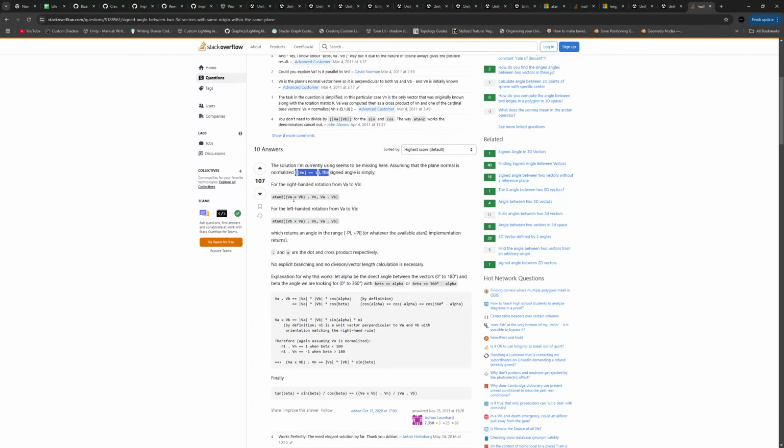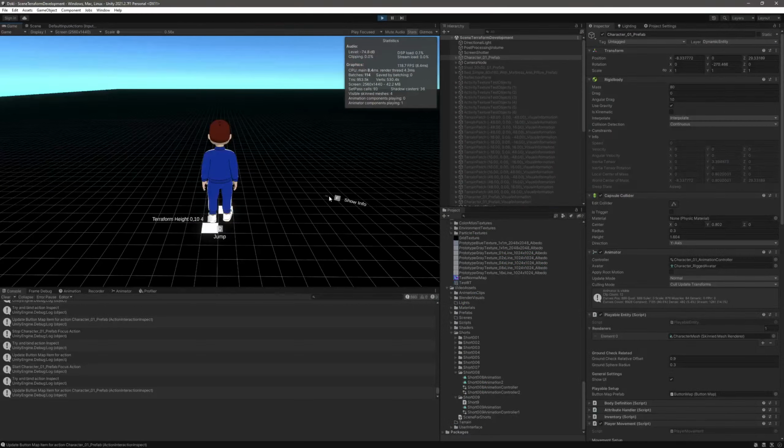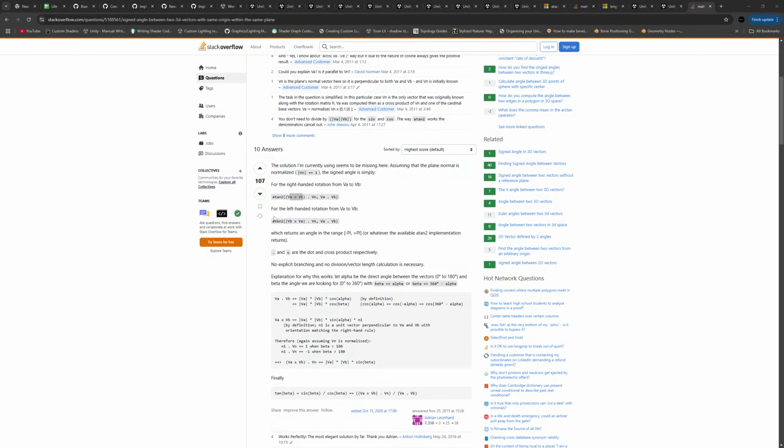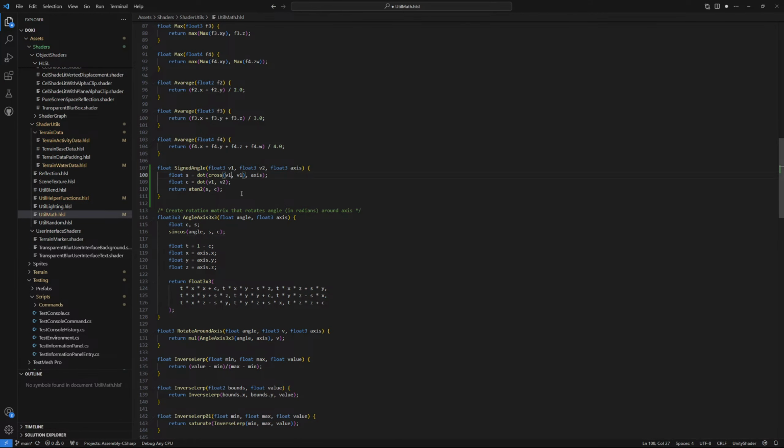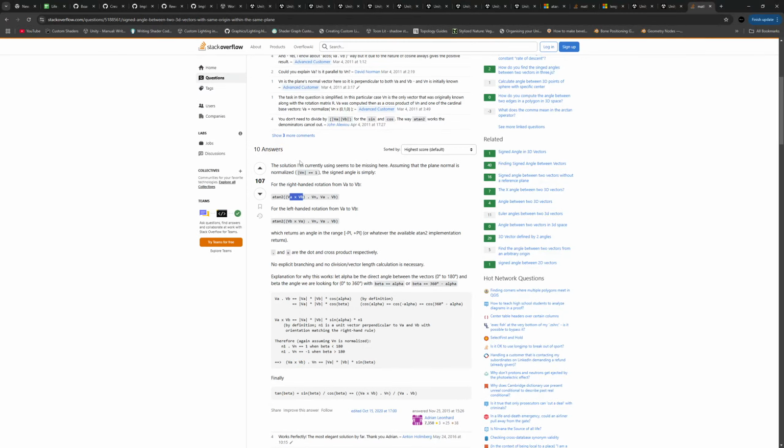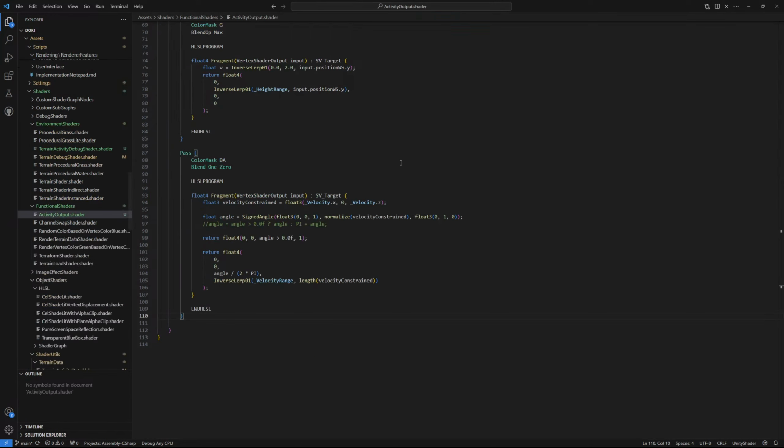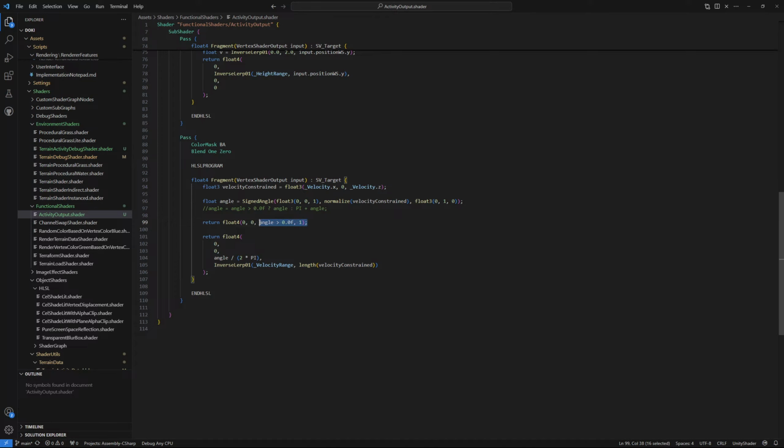So we're doing right-handed actually. So it all comes down to whichever we do first here. So let's do V1, V2 here. And then let's remove this one and do this one again.